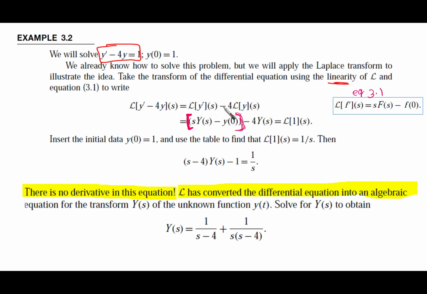We write it with uppercase letters: s Y of s minus y lowercase of 0. From where is this? From equation 3.1 in the previous slides: the Laplace transform of the derivative equals s times F of s, the transform of the function, minus f, the function itself, evaluated at 0.